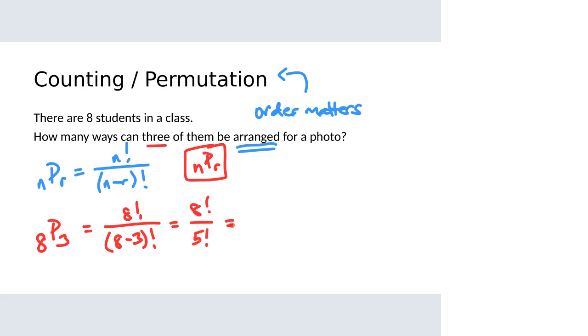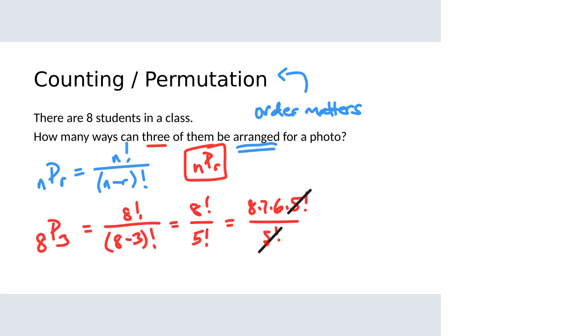And now I'm going to rewrite 8 factorial, because that means 8 times 7 times 6 times 5 times 4 times 3 times 2 times 1. I wrote 5, 4, 3, 2, 1 as 5 factorial because I have 5 factorial in the denominator, and those two will cancel.